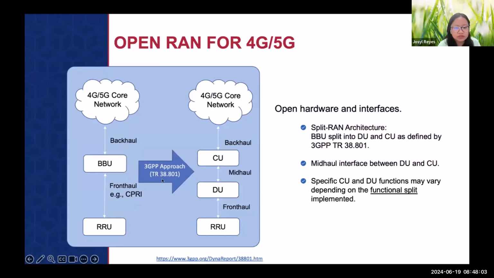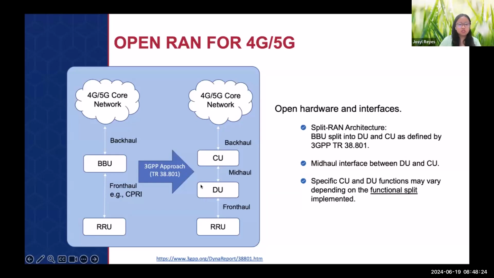This is critical. There are many technical reports and technical specifications, but this one is important for the functional split. So this was defined in 3GPP, wherein the baseband unit, originally one big block, can now be separated into CU and DU. Why the need to separate?